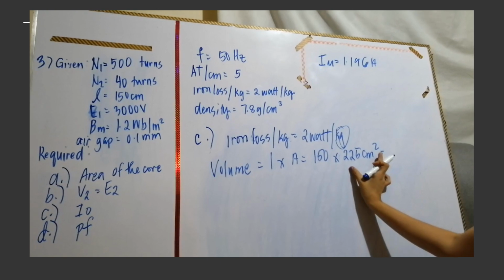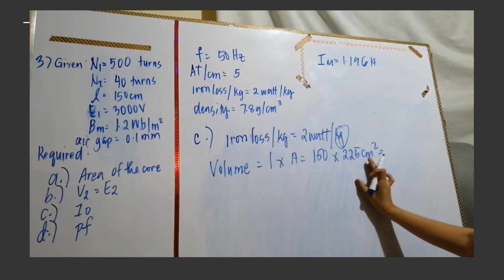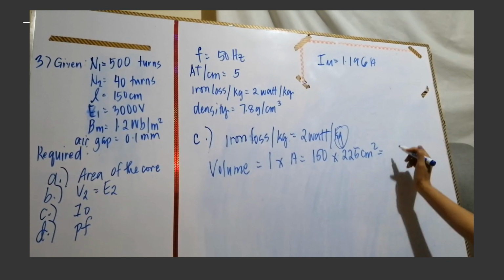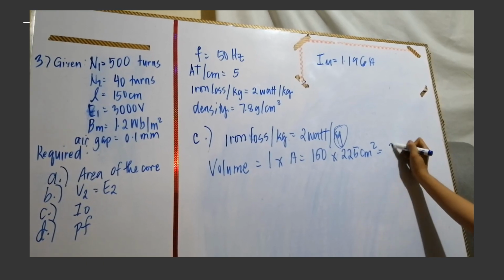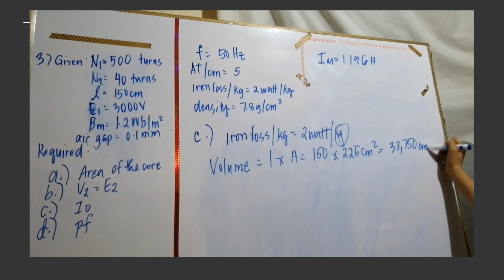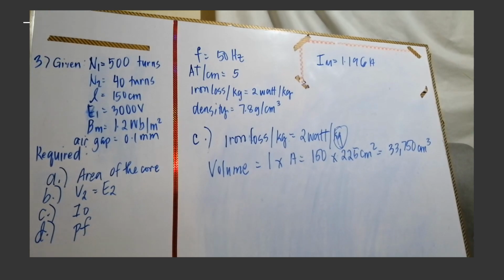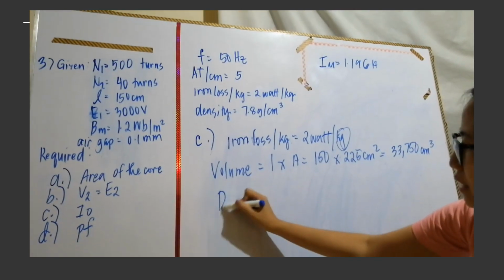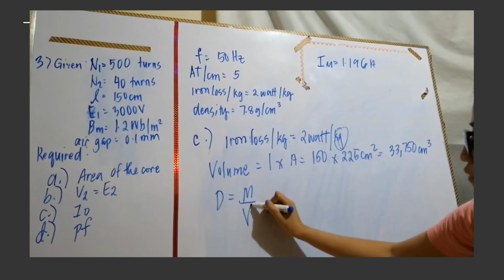This value was obtained with our previous solution in letter A. So 150 times 225 is equal to 33,750 cubic centimeter. To get the total mass of the iron, we have density is equal to mass over the volume.